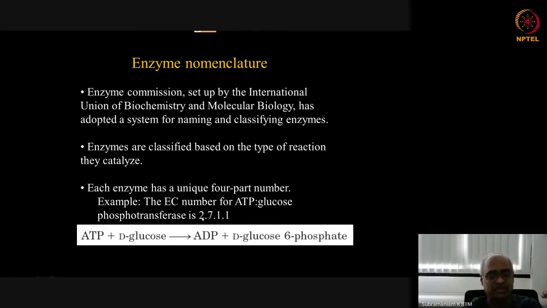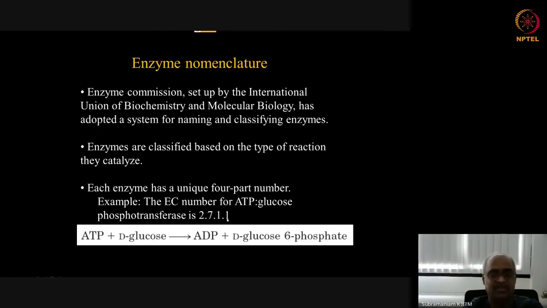So if you discover a new enzyme, you need to contact the Enzyme Commission and describe what the substrate is, what the product is, and what kind of reaction is catalyzed, and then they will give you this number. When you publish, this number will be essential to include in the manuscript you submit to the journal. So here is one example where the Enzyme Commission number is 2.7.1.1.